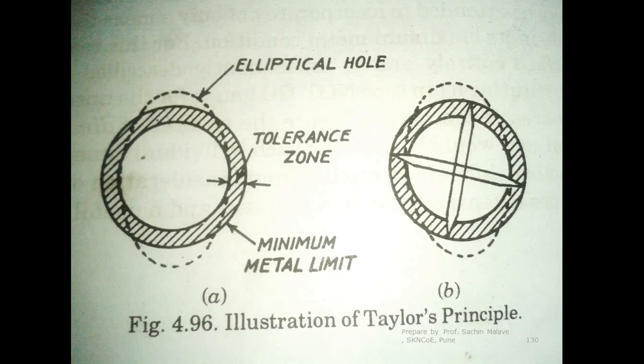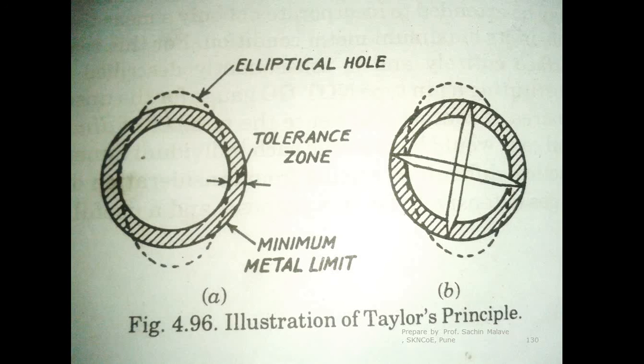You can see this is an actual hole. This outer circle represents the no go end, and the inner circle represents the go end. As you can see, the outer circle is larger than this dotted line.